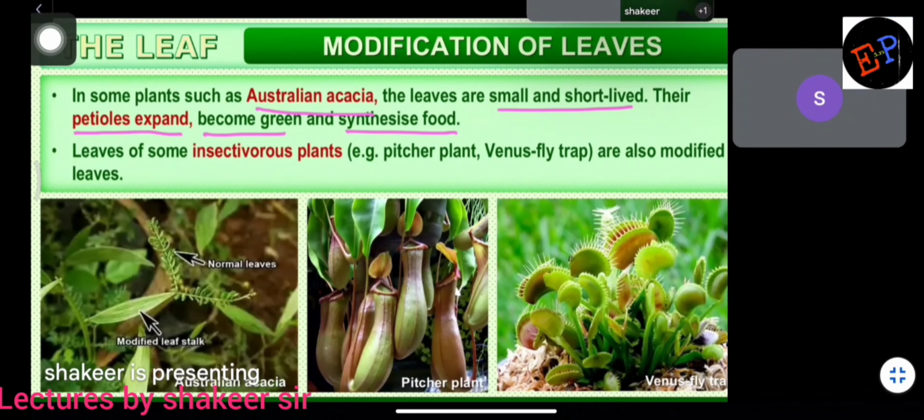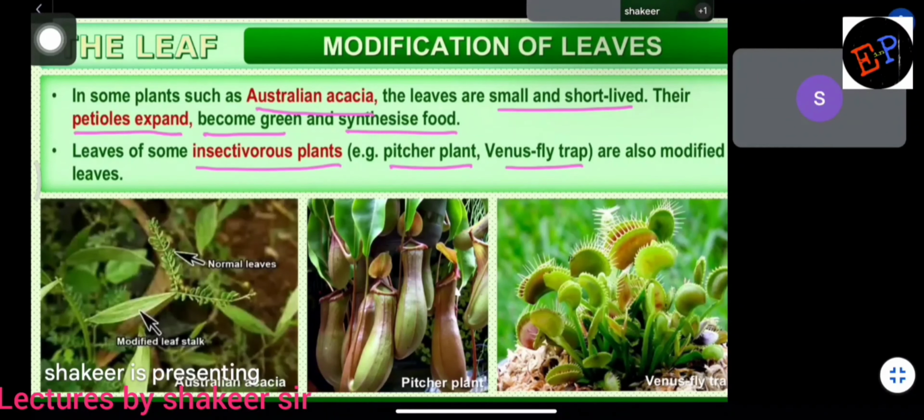Clear? So next, leaves of some insectivorous plants. Examples are pitcher plant and Venus flytrap. They are also modified leaves. The leaves of these insectivorous plants can also produce food by photosynthesis, partially. And partially they depend on the micronutrients present in insects. So they have both natures. They can prepare food by photosynthesis, and they depend on insects also.